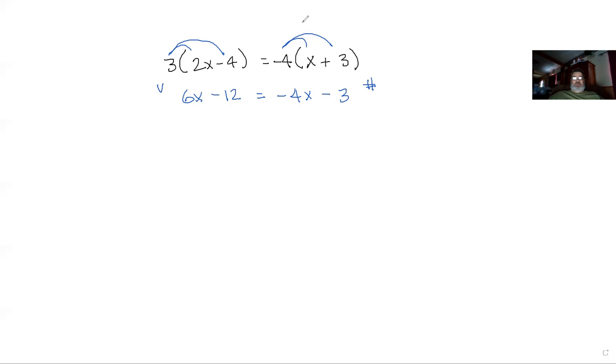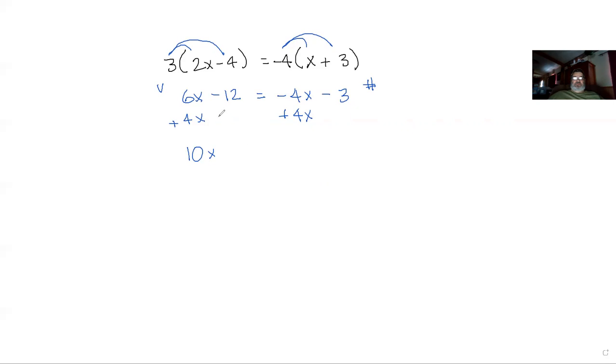We can put our variables on the left, our constants on the right. And let's see here. So we're going to add 4x to both sides. That's going to give us 10x.